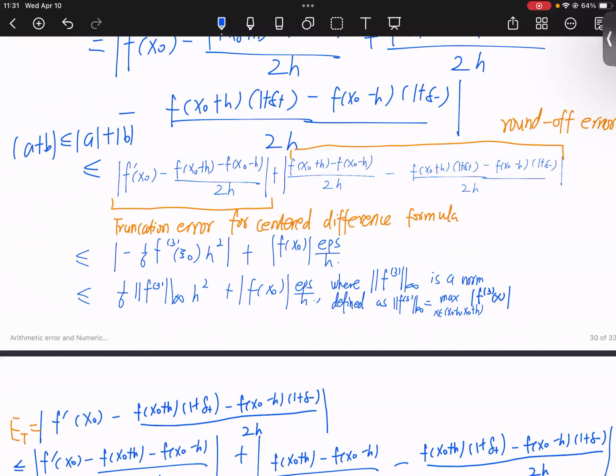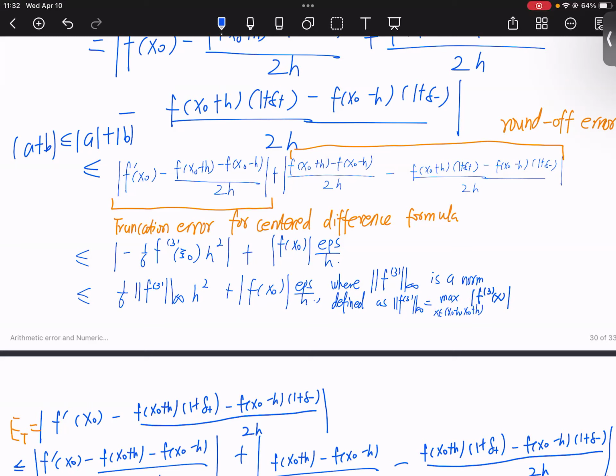So do you see something happening here? For the truncation error, if we let the size of h go smaller and smaller, then this part of the error would become smaller and smaller, right? But for the round-off error, that is a totally different case.